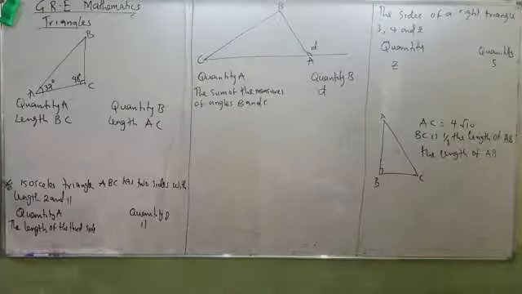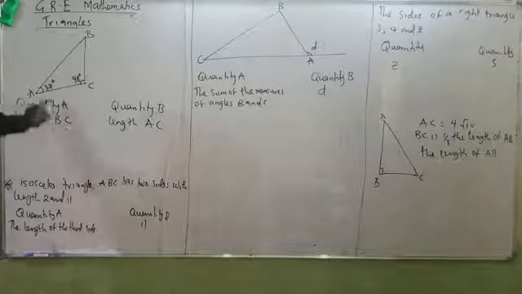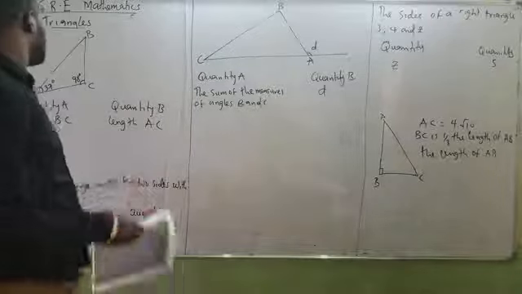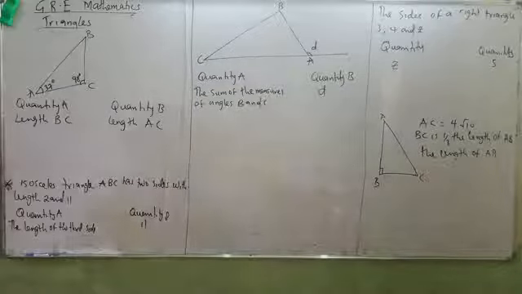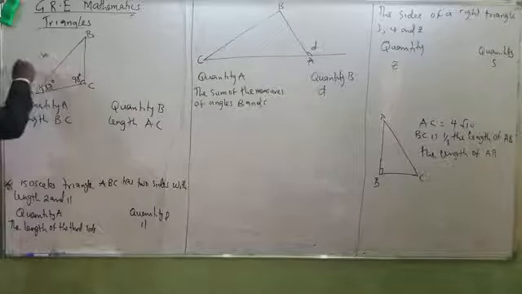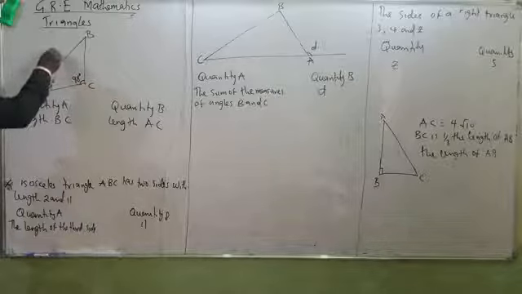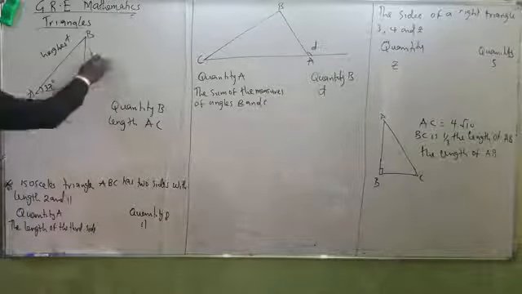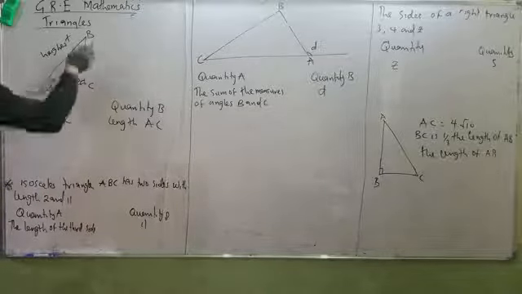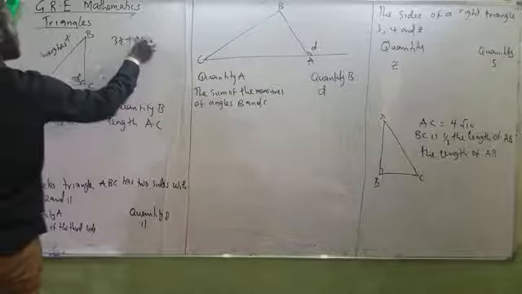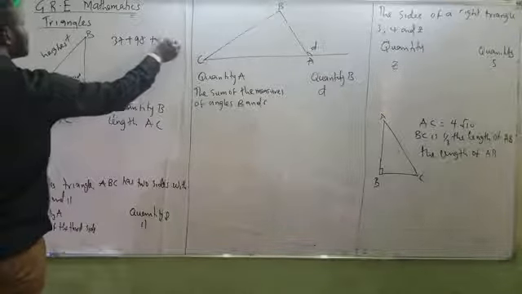This is the question also. You are asked to find the length AC and AB. You want to know the relationship between them. Now, if I were you, don't forget that this one will be what? Let's try to find what is here. I think I'll be having 70 plus 98 plus x equals 180.